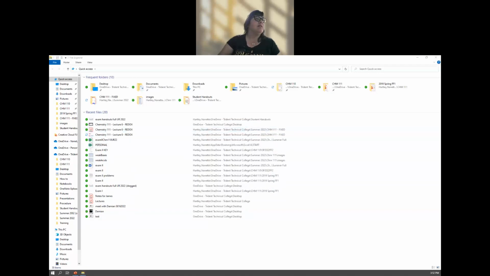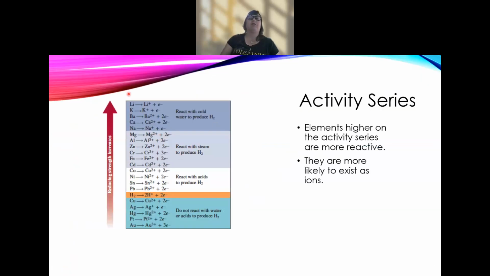Is this the right one? I don't think that this is in the overall handouts. No, it's not. But you may see this image and be asked about it on a test. Okay, so you may see an image, either this one or one like it, and be asked about it on the test.